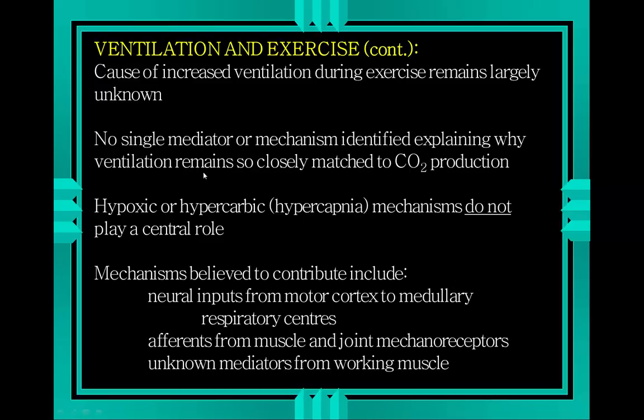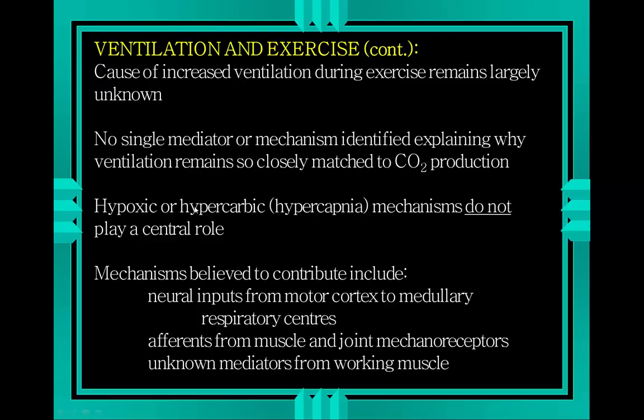changes relative to CO2 production. And we know that hypoxia, which is basically low oxygen, or hypercarbia or hypercapnia, same meaning, which is increased CO2. So decreased oxygen and increased CO2 are not playing a central role because they don't happen during exercise.